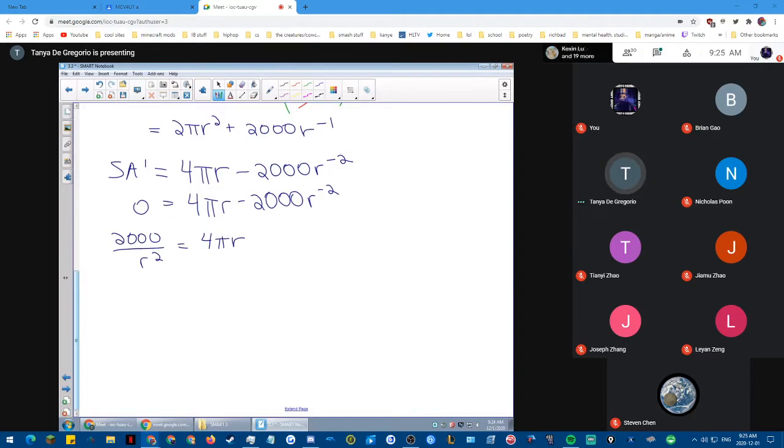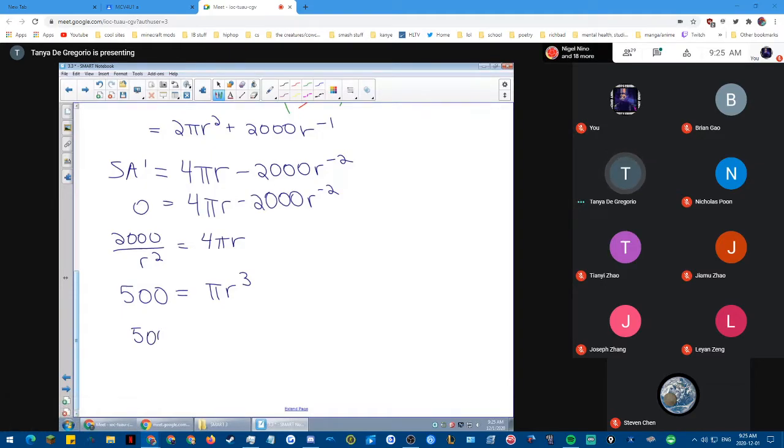And what do you get? So 2,000 divided by 4 will be, this is painful. Okay, 500. And then I'm dividing by the pi r, right? Or if it's easier for you guys, you can do it this way. Pi r cubed. Yes?